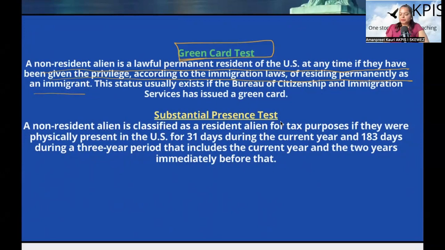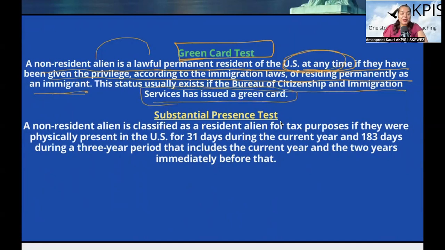And after a particular time span, as of now, you are a non-resident alien there because you are not satisfying either the green card test or the substantial presence test. But if at any point of time you are a lawful permanent resident of the US, in that particular situation you are referred to as an immigrant of the US, and this status exists if the Bureau of Citizenship and Immigration Services has issued you a green card.